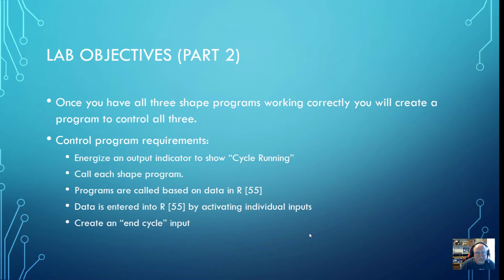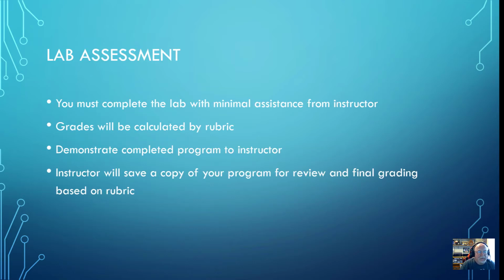So you use the switches to set the data into R55. And then you create an end cycle input. So you have to add another switch that will stop the cycle once that switch is activated. Okay, so these are all things that we've done in class already. So everybody should have some idea how to do this.